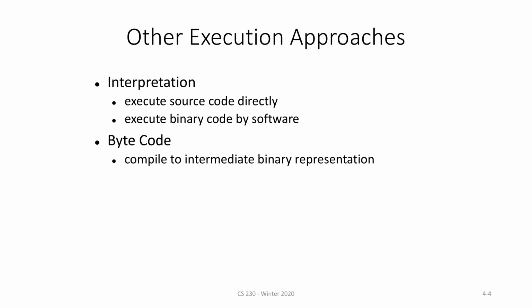Bytecode is an intermediate binary representation that would be akin to MIPS code that we've seen. Java is a classic example of a language that uses bytecode, whereas MIPS is strongly coupled with the CPU that will be executing the instructions. Bytecode is more closely connected with the source code. There needs to be an intermediate step that allows the bytecode to be executed on a particular machine.